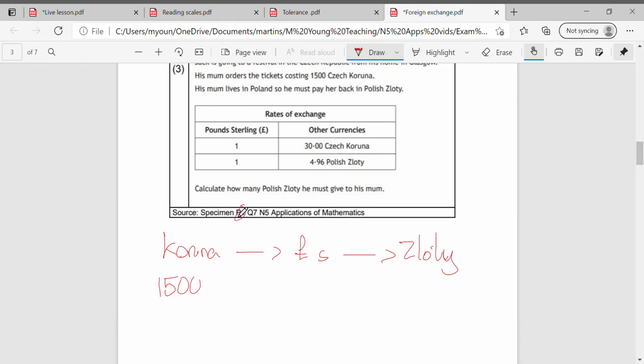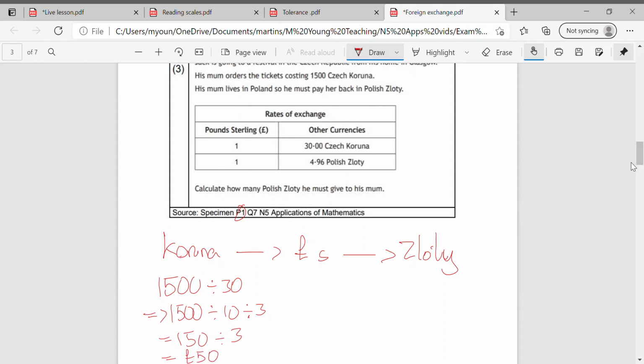This is a paper 1, by the way. So I'm going to divide by the exchange rate. Okay, so remember this then means, when I'm dividing by 30, it means divide by 10, divide by 3. If I divide that by 10, it's just going to be 150. Divide that by 3. Hopefully you're happy that that's going to be £50.